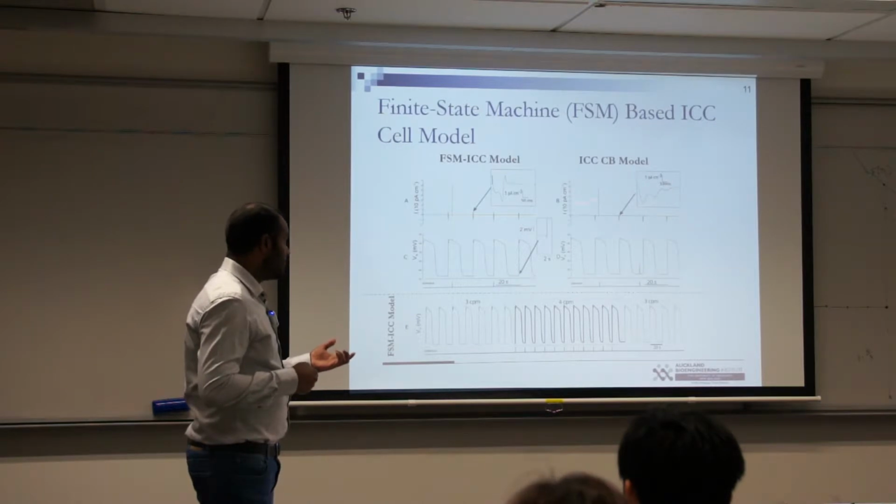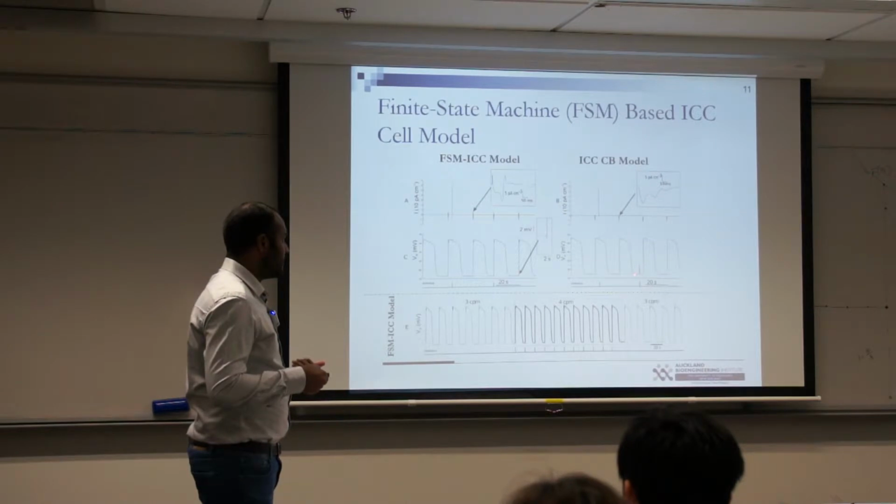There are quite some variations. Over here, as you can see, when you apply a stimulus over an active state of the cell model, and over here as well, you could see the same response. But during the passive state, you could see the activity shifted, and here it doesn't have any effect.